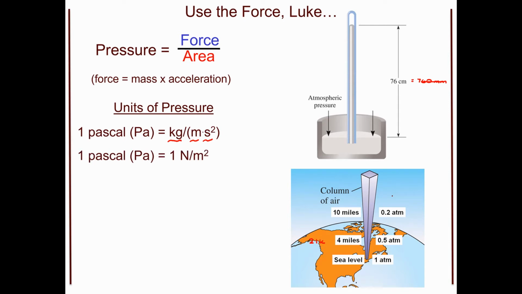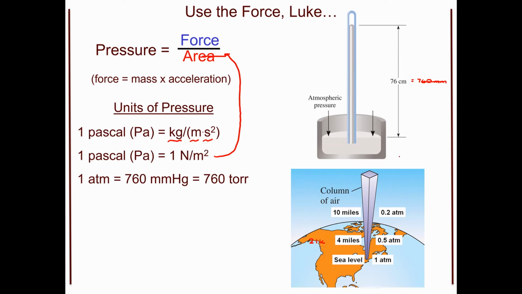So 1 Pascal is actually 1 Newton per meter squared. You will notice that this directly coincides with our idea of force over area. The SI unit for force is the Newton, and our area is going to be meter squared.